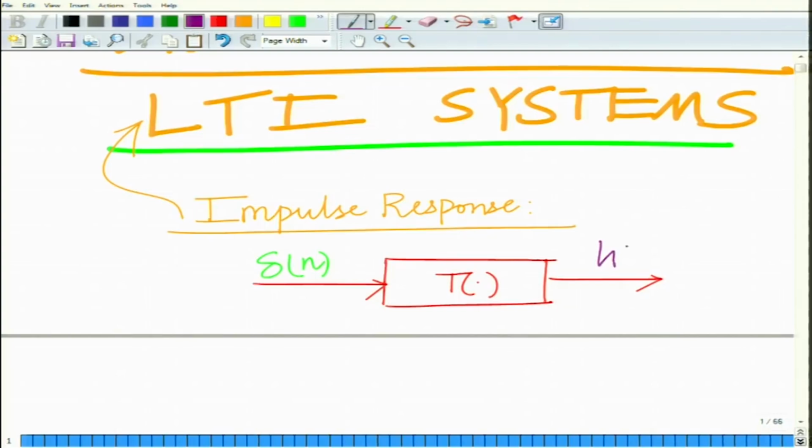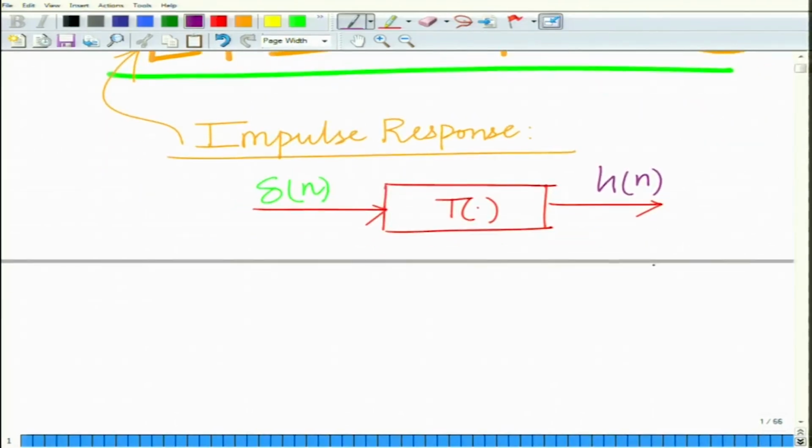This is the discrete time impulse, the so called unit impulse, and this is your impulse response.